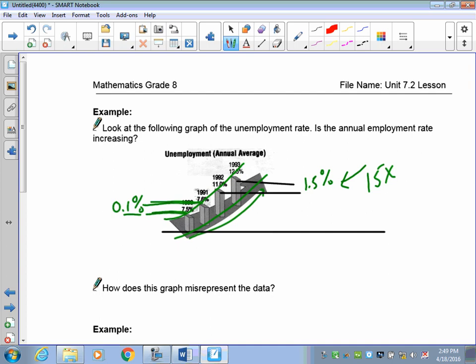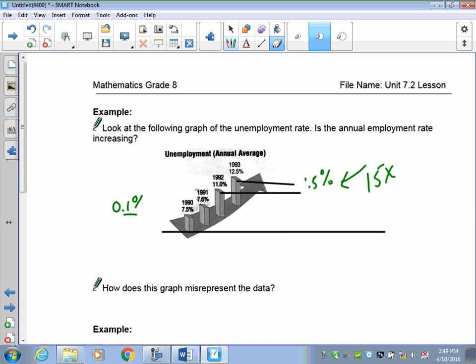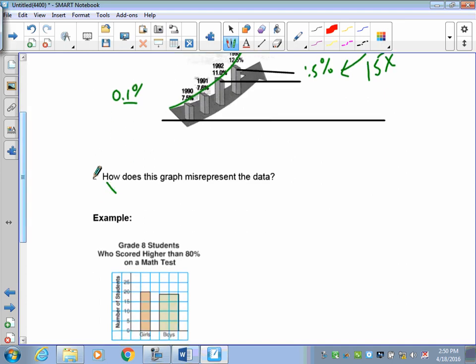It's a seriously messed up graph. I can't see any good out of it. If I was trying to show that the employment rate was going up, I guess I could do it this way, and you can see that things are increasing, aren't they? They're doing great. I guess that's the only interpretation of this graph. So how does the graph mislead the data? Well, the x-axis is not horizontal.